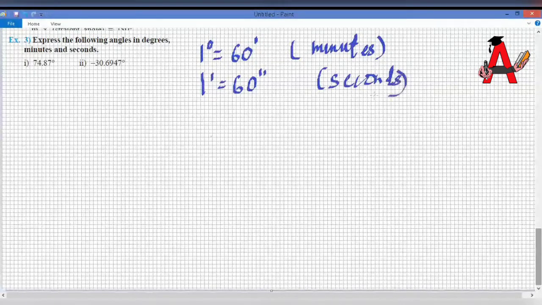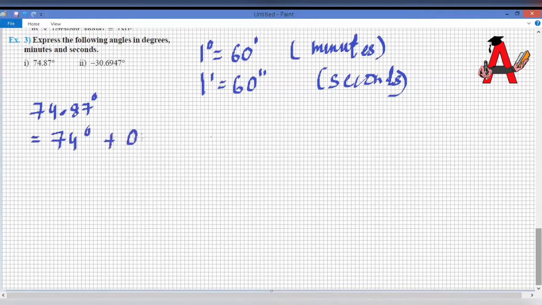Let's take the first question, which is 74.87 degrees. We can write 74.87 degrees as 74 degrees plus 0.87 degrees, as it's a decimal. Further, we'll try to solve this 0.87 degrees.